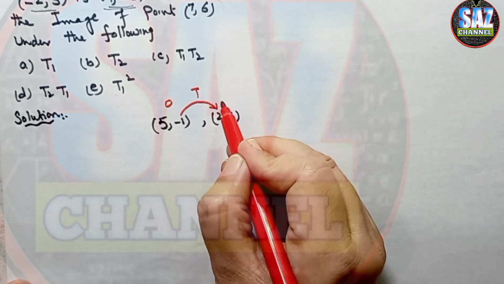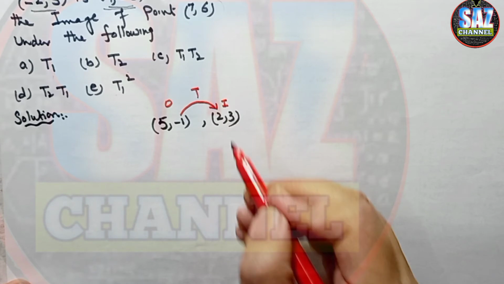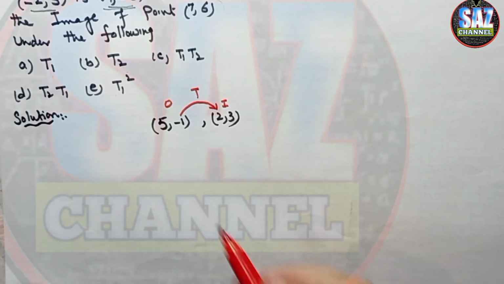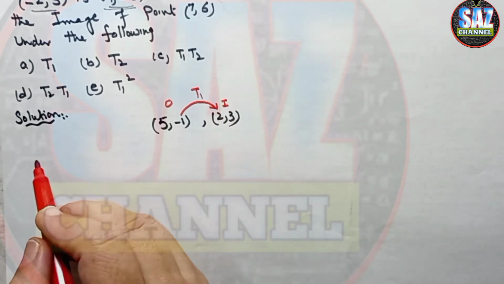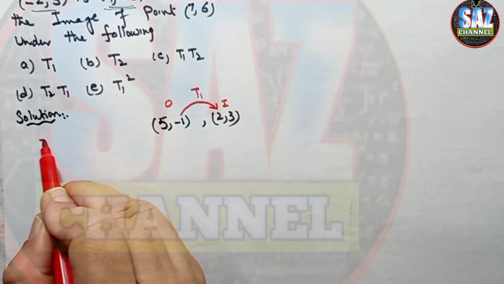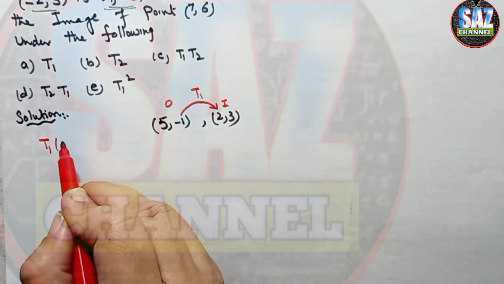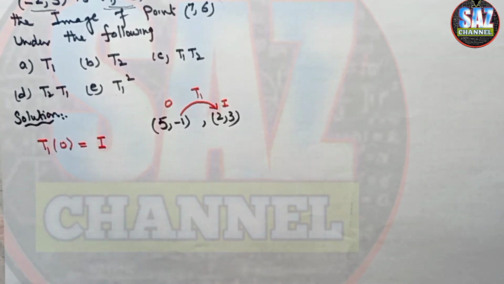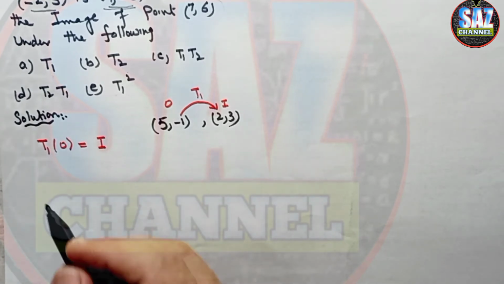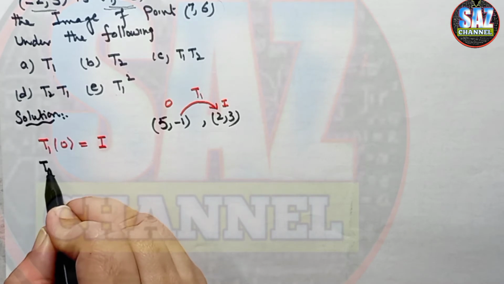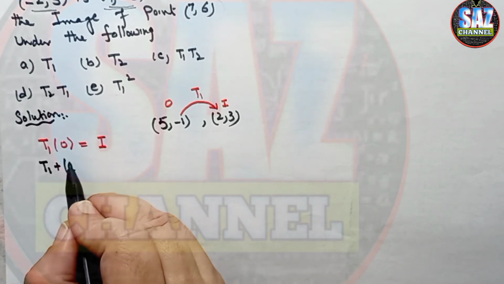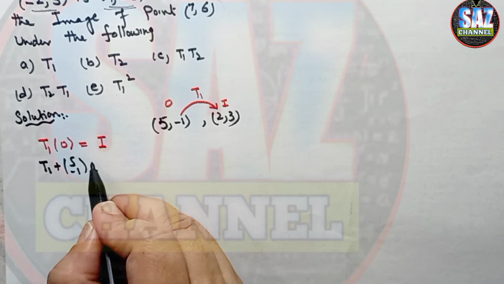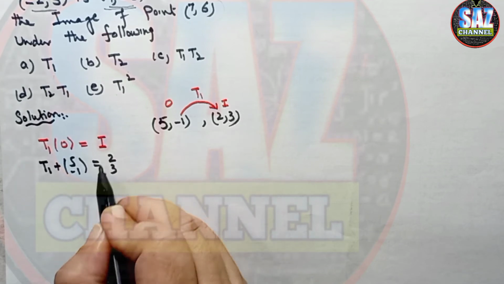So what we have to do, with the help of this information, first of all, I have to find T1. When T1 is applied on object O, it gives me the image, and translation vector T1 plus 5 and minus 1 equals to 2, 3, which is the image.